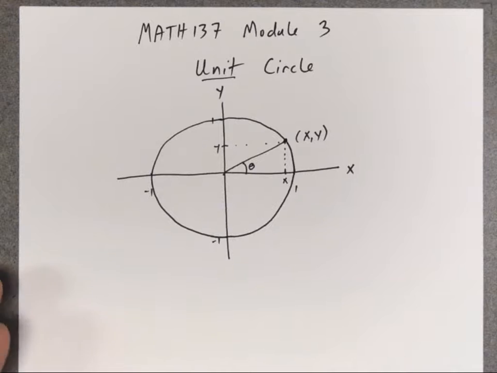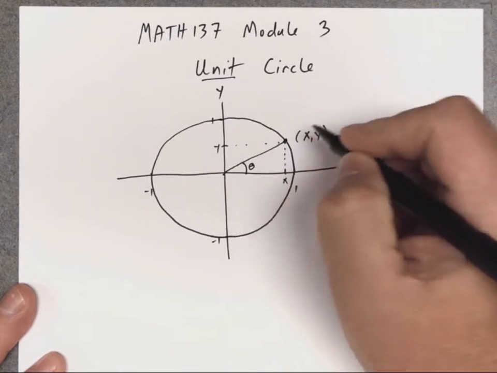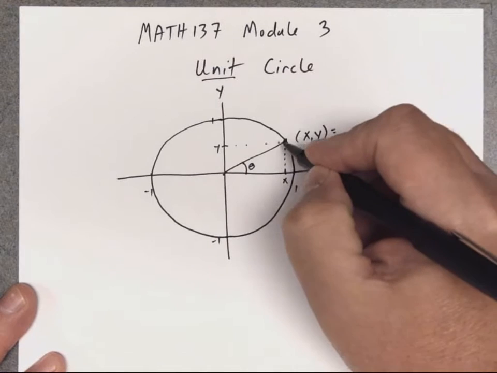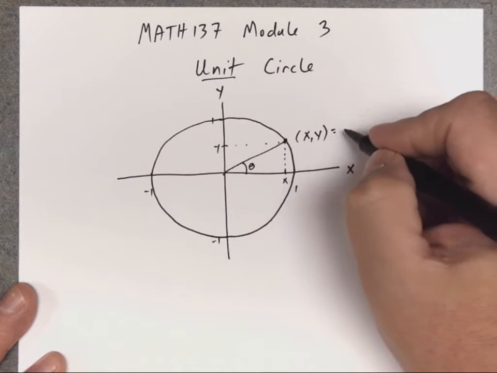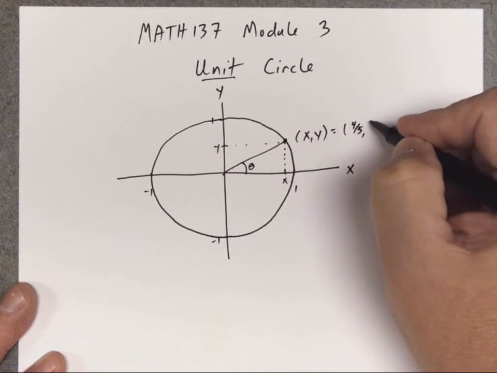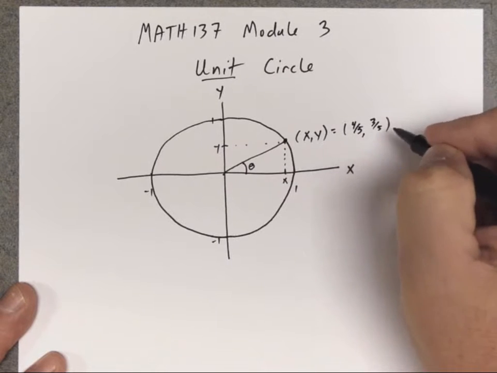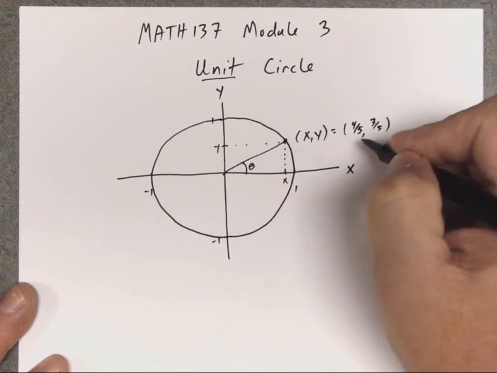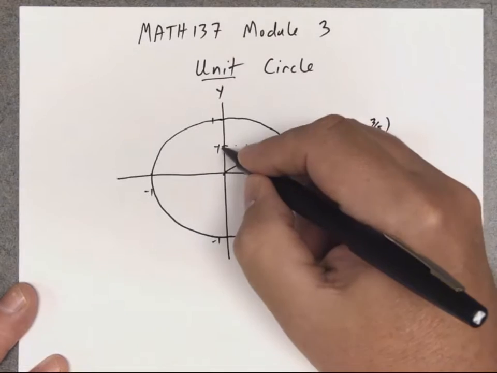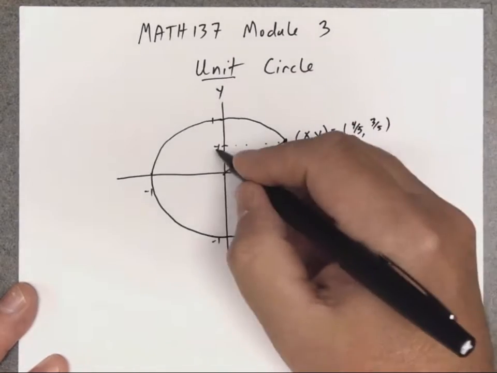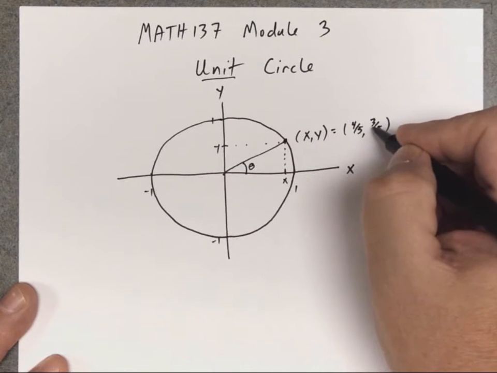Now what's interesting is I'm going to choose a certain point here, x and y, but I actually know what the x and the y is. As it turns out, for this point here, the x is 4/5 and the y is 3/5, which means this x value is 4/5, or you could call it 0.8 as a decimal, and the y here is 3/5 or 0.6.